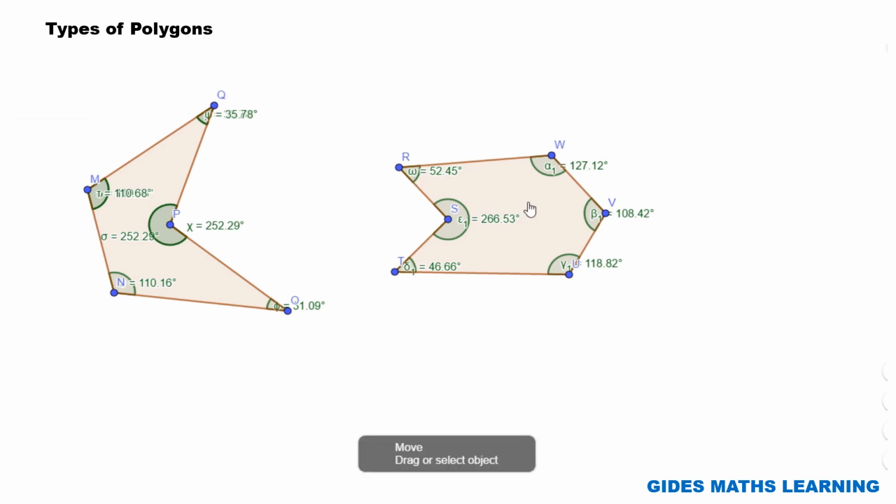Now you realize that the interior angle at W is 127, here is 108, 118, 46, and here is 52. But the interior angle at point S is 266.53, and therefore, because this angle alone is more than 180 degrees, this polygon becomes a concave polygon.